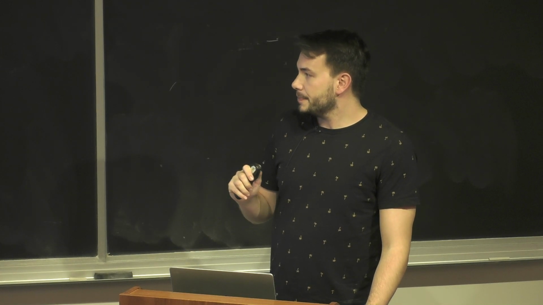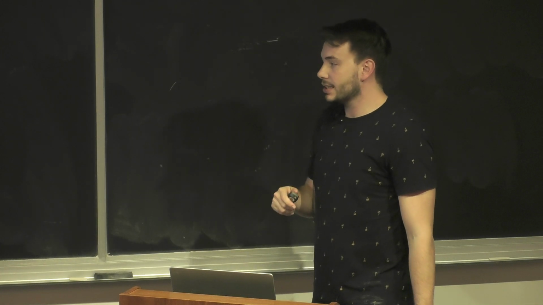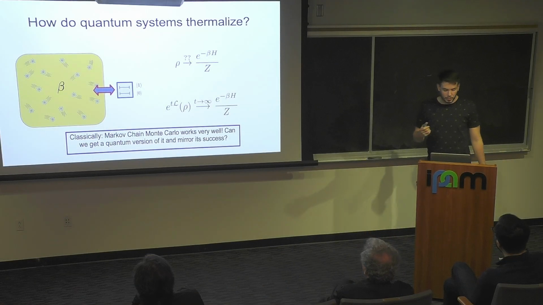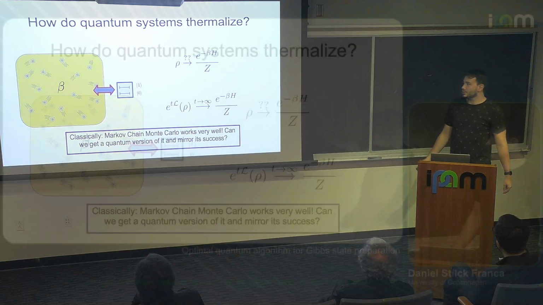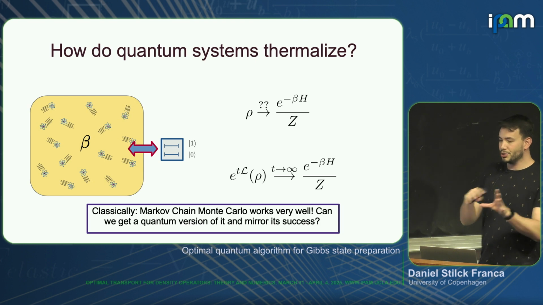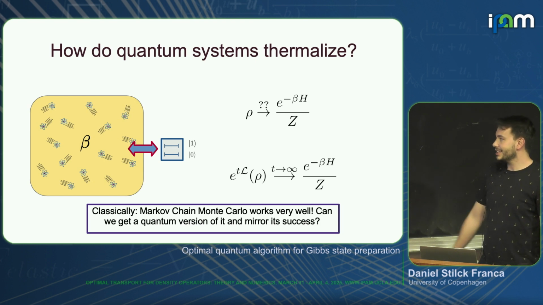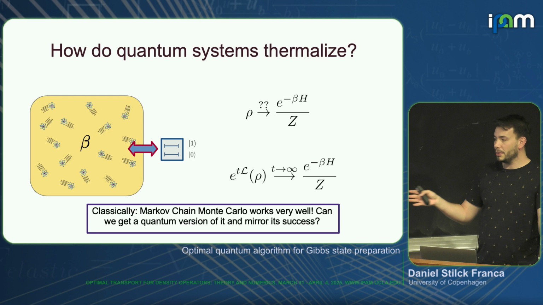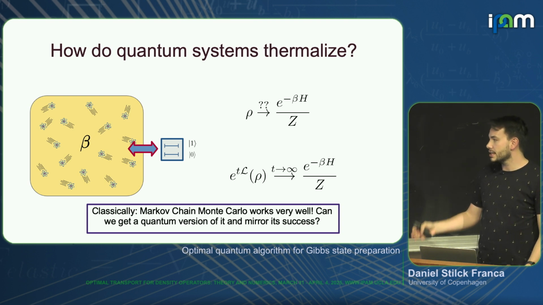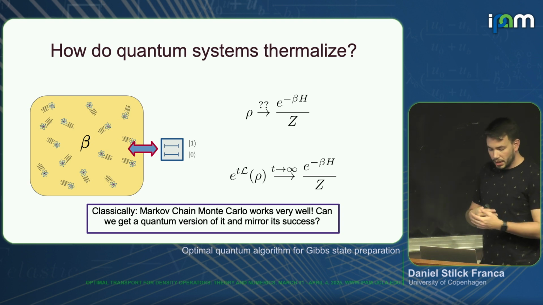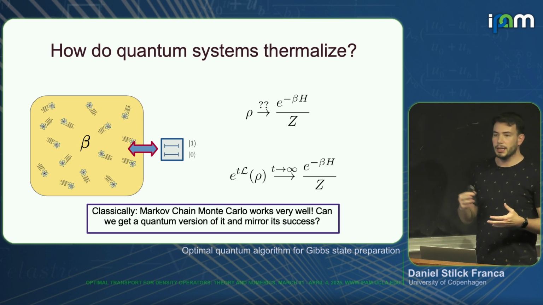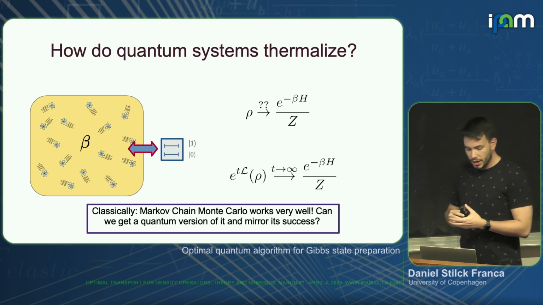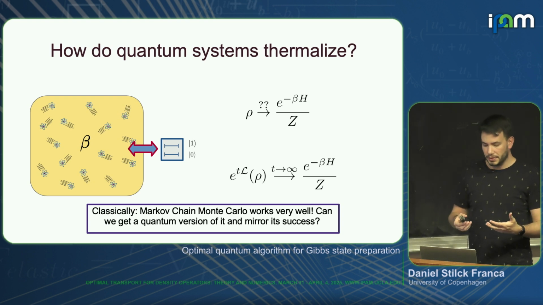So you'd think that, well, maybe if you give me a quantum computer, I'll also be able to simulate such states. Now, classically, we have multiple ways of approximately simulating such systems. When I say classically, instead of a big Hermitian matrix H, just think of a diagonal matrix, like probability distributions on, say, bit strings. One of the standard methods to approximately sample from such distributions are Markov chain Monte Carlo methods.